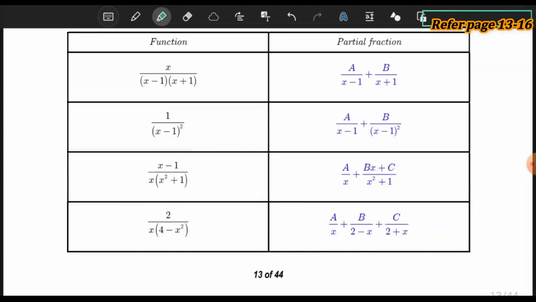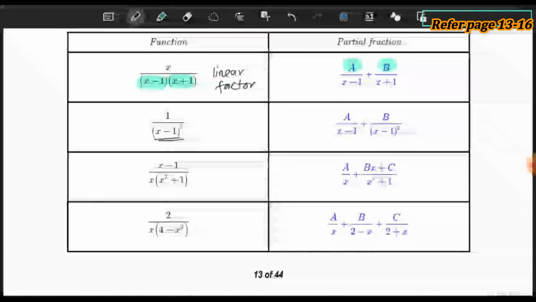If your denominator is a linear function, we need to use constant as the numerator. So, this is under linear factor.